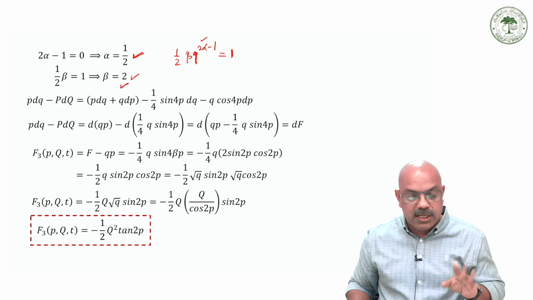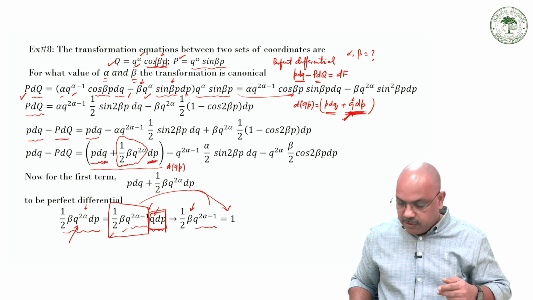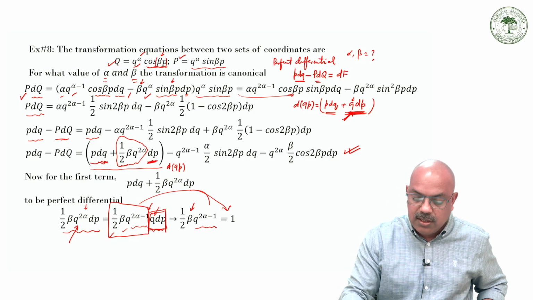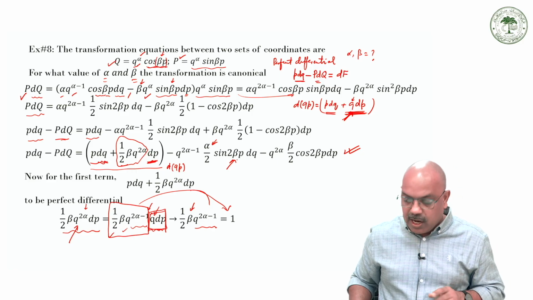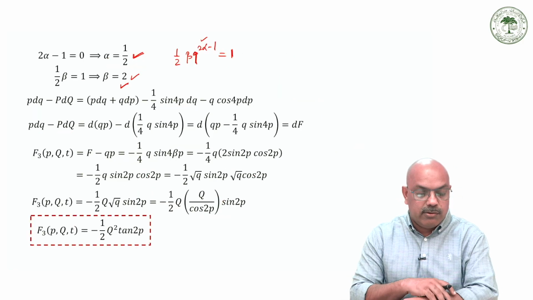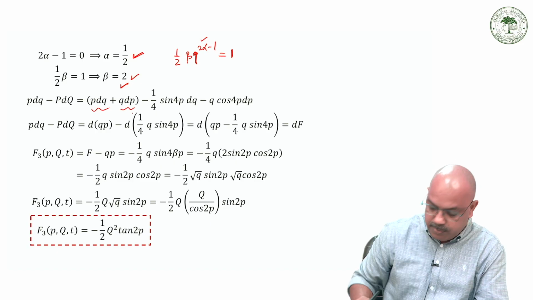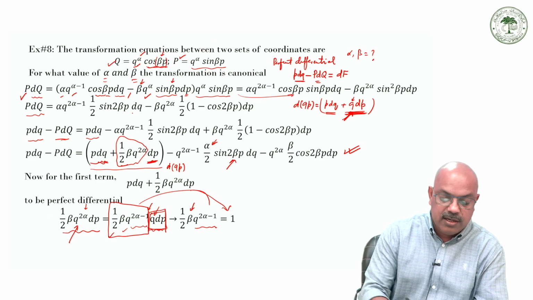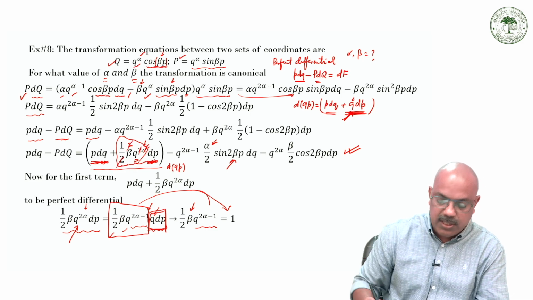So for this condition, if you put alpha equal to half and beta equal to 2 into this expression in the whole calculation, what you're going to get is p dq plus q dp. This we already have here, p dp, and then if you put half, this is 2 and this is half, so they will cancel out, this becomes q, and this 2 will cancel out, so you have q dp.